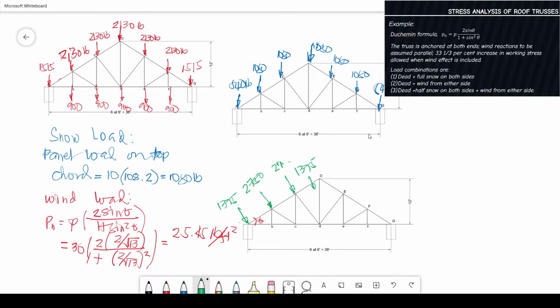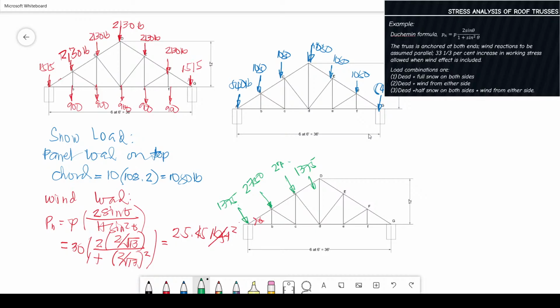Based on our analysis, we need to see which governs: dead plus snow compared to 3/4 of dead plus the combination of other loads with the wind load.